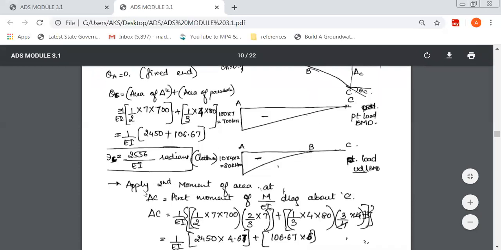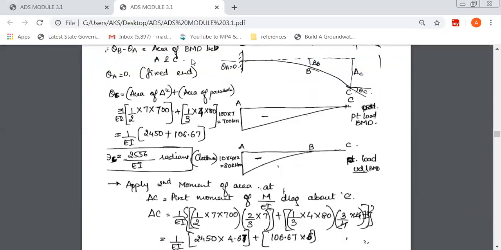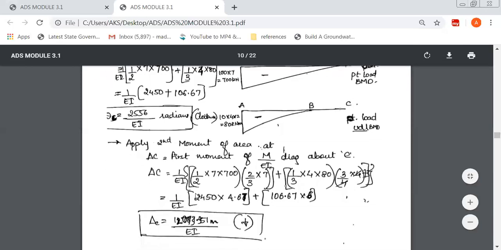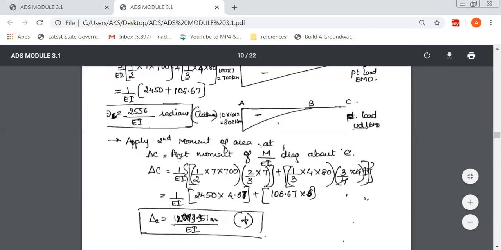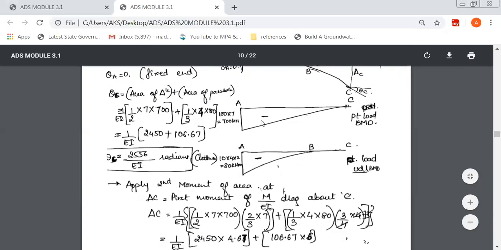If you want to find deflection, apply the second moment area theorem, the deflection theorem. If you want to find delta C, it is the first moment of the M over EI diagram about C. The M over EI diagram is nothing but the bending moment diagram.